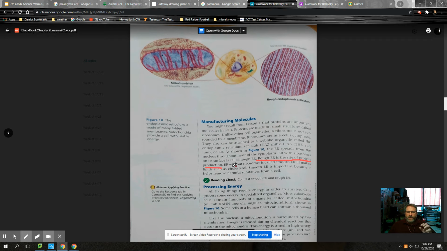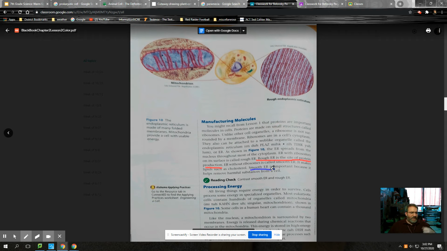This is rough ER, and if you look, you can see that it's dotted with ribosomes, and ribosomes is what makes proteins. Since it's covered with these ribosomes, that is what creates rough ER, and proteins are made in these areas right here.